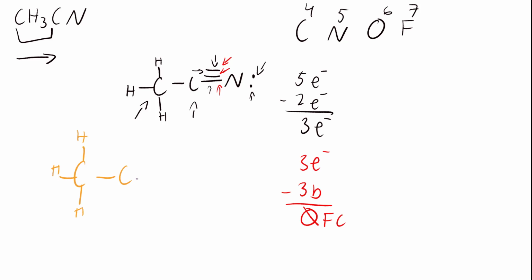Alright. So what is this, a primary, secondary, or tertiary carbon? Well, it turns out that this is a primary carbon. You may be wondering, how is it primary? It's connected to 2 things. Well, primary carbons only care about being connected to other carbons, right?